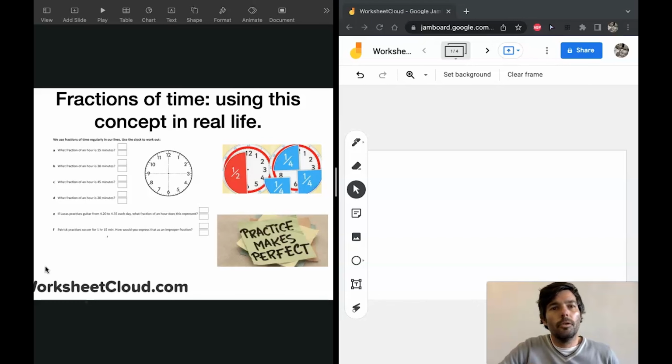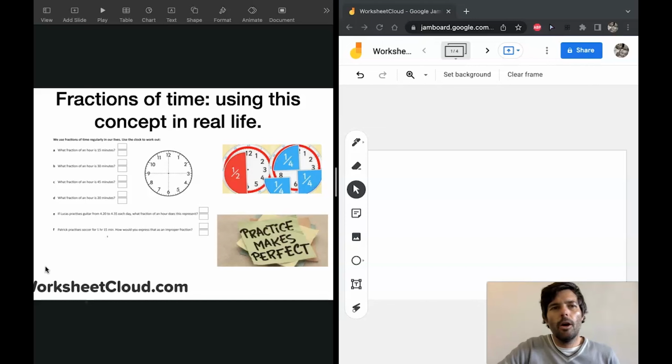So it's always useful to be able to use fractions in a real life context, and this is one of them. What I'd like you to do here is work through questions A to F. Simplify your fractions always.